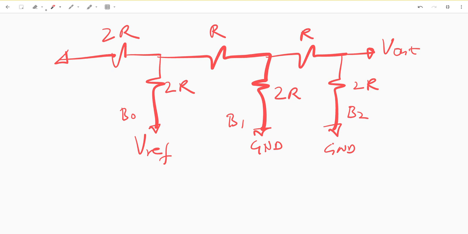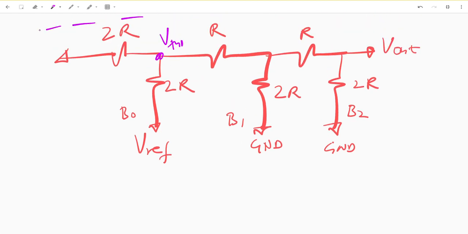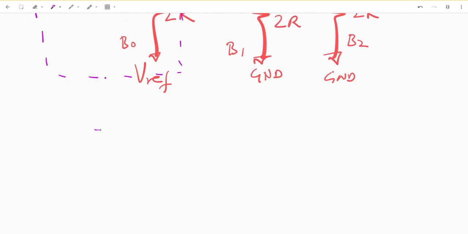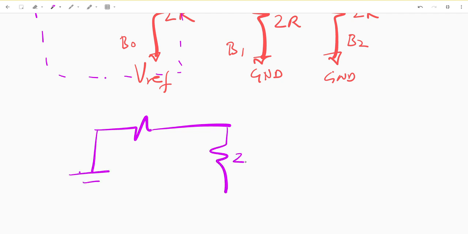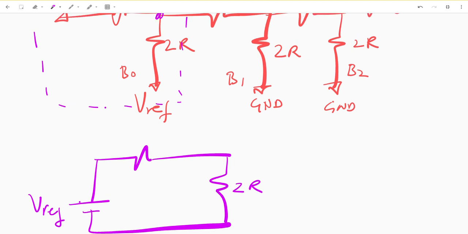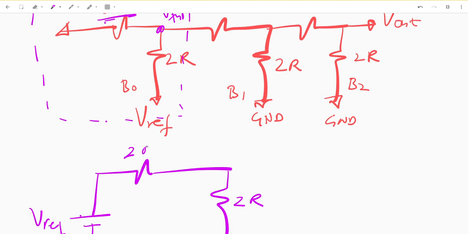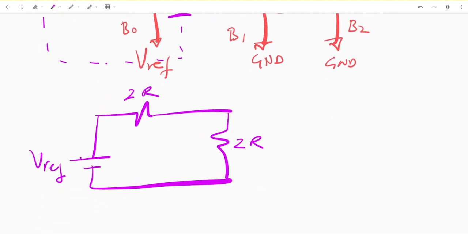And what we can do is find VTH1 that's located right here by making this circuit equivalent to a circuit that looks like this, 2R, Vref, where this 2R value is located right here, and this 2R value is located right here.